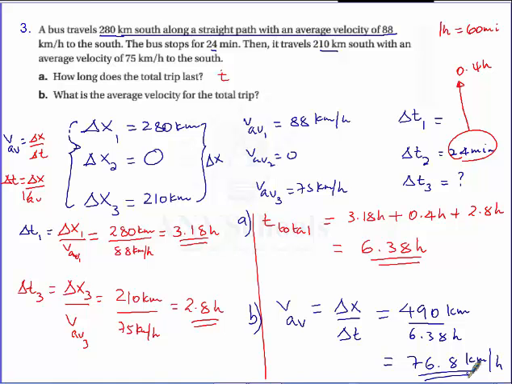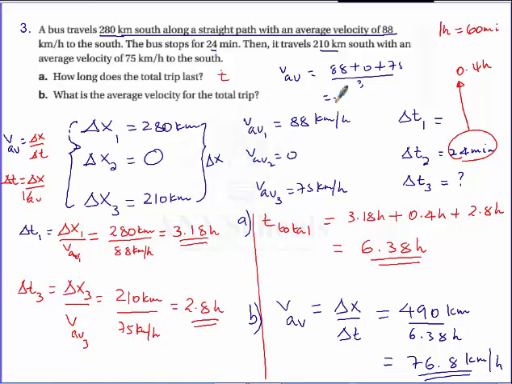But some students try to take the average velocity of these three. They get confused. If you calculate 88 plus 0 plus 75 divided by 3, let's see what you will get. Add 88 plus 75 and divide the answer by 3.